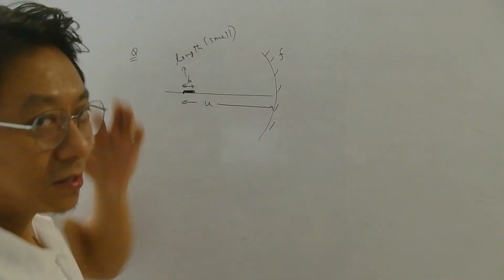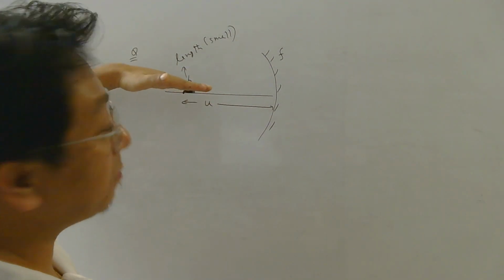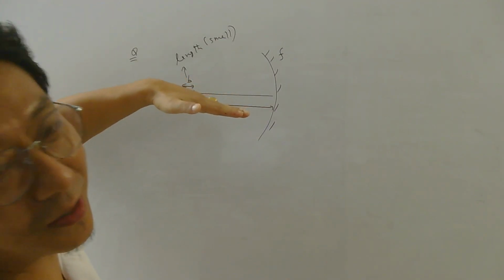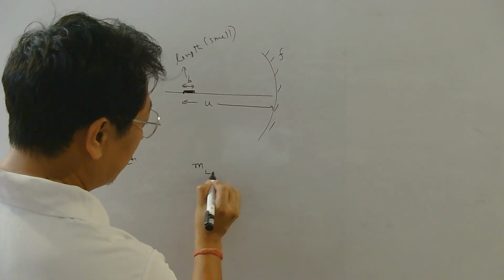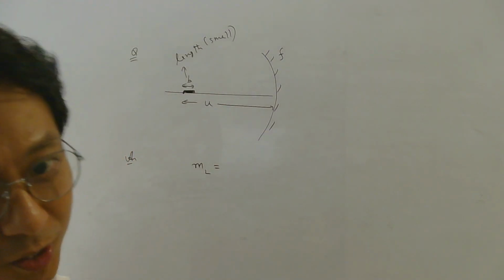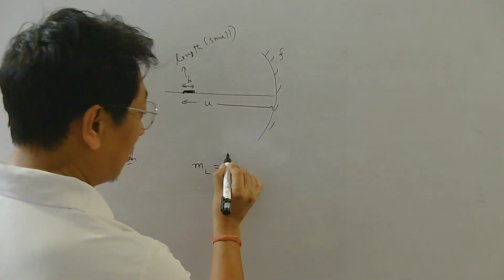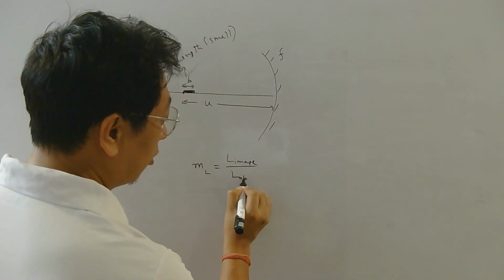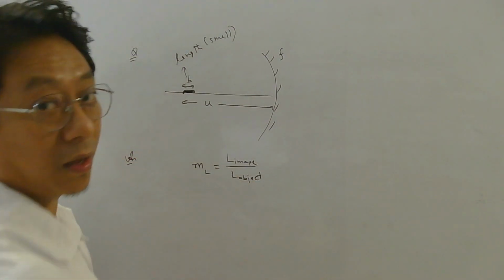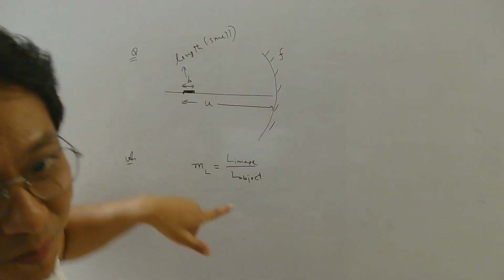So this is an example where the object is kept parallel to the principal axis. At that time we have to find the longitudinal magnification, which is length of image by length of object, for an object kept parallel to the principal axis.